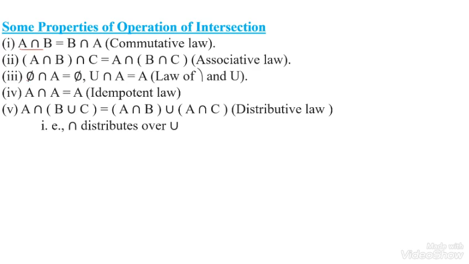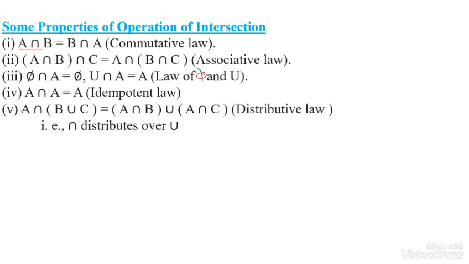Then the empty set intersection A is also empty. The union of the empty set and A is equal to A. This one is called the law of empty sets. Then A intersection A is also A. This is called the idempotent law.